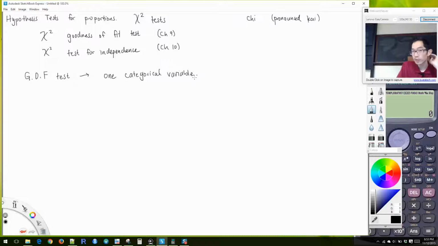And we have certain proportions in mind, and then we have data.